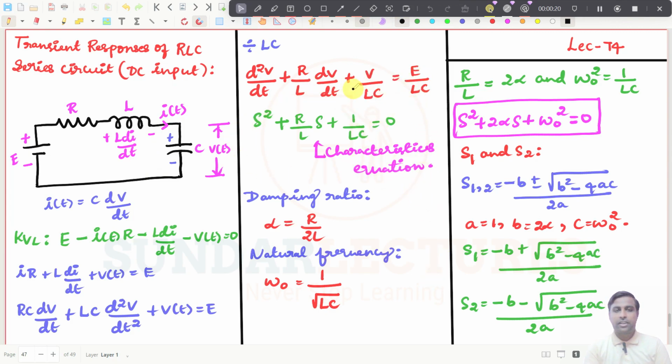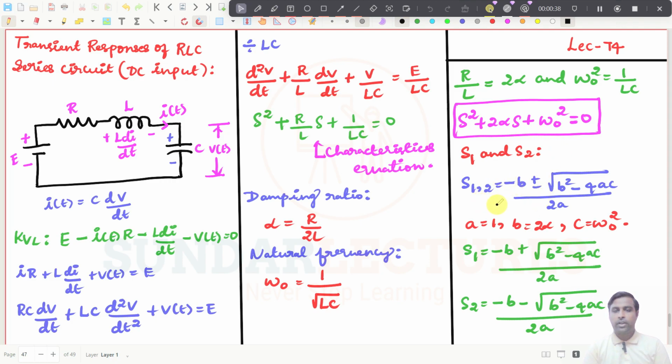a second order differential equation. In that second order differential equation, if you go for the characteristic equation, you will get two roots, right? One is S1 and one is S2.